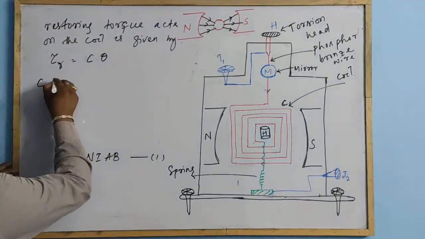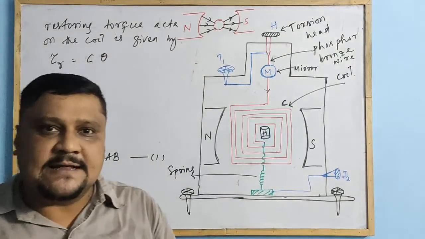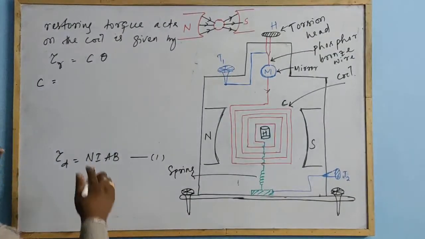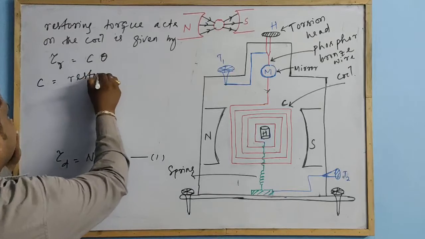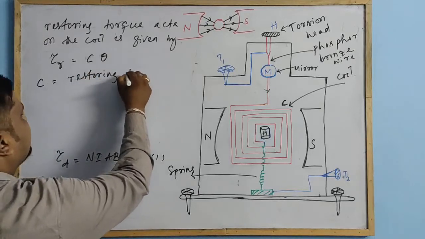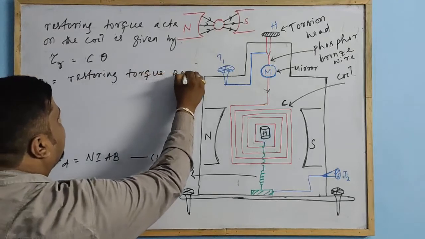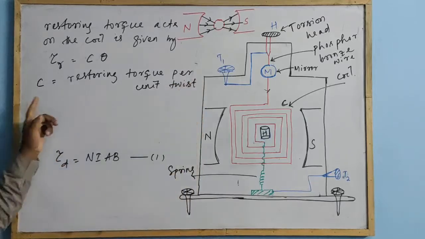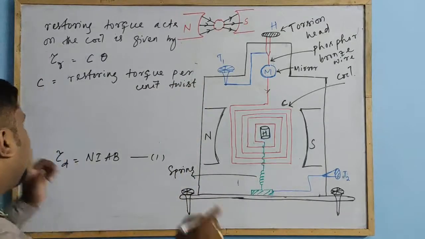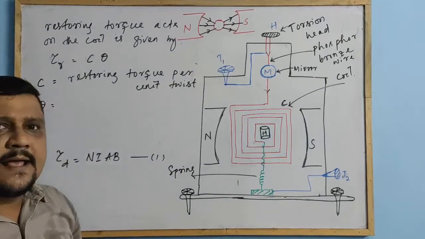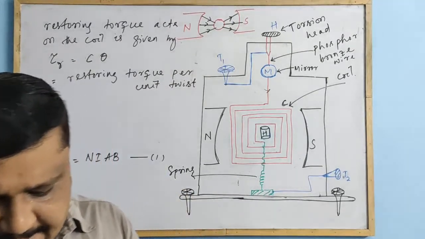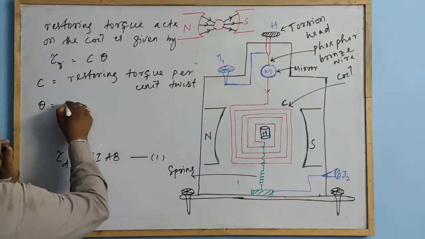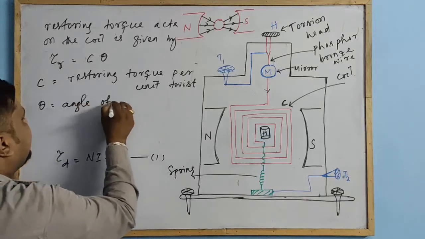C is called the torsional constant, or you can say it is the restoring torque per unit twist. This is a constant, and theta is the angle of deflection.